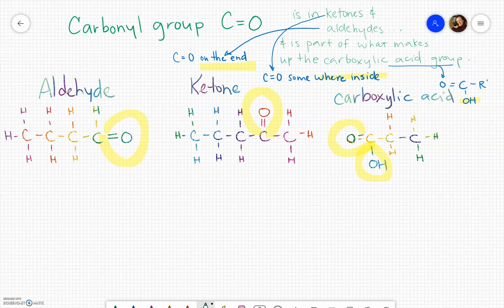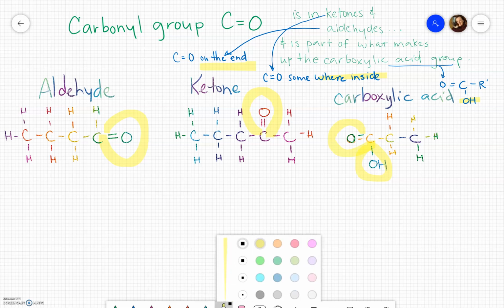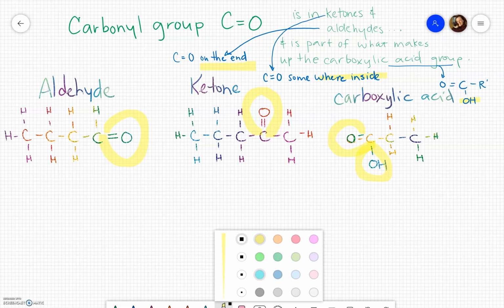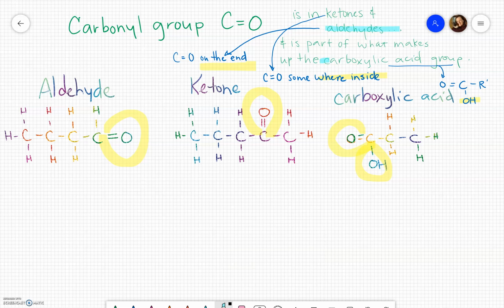Now we can go about naming these. So one thing to note about both the aldehyde as well as the carboxylic acids, I'm going to highlight those, aldehydes and carboxylic acids, we always start counting the carbons from the one that is attached to the end oxygen.